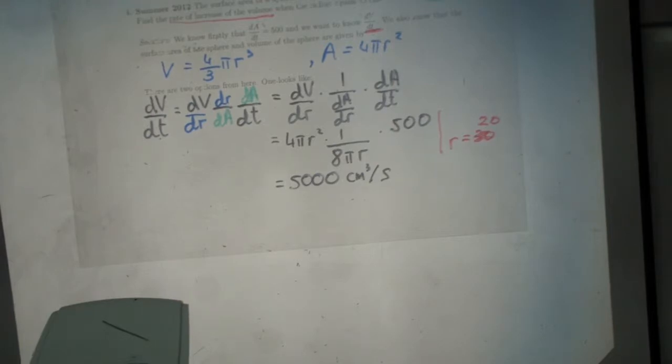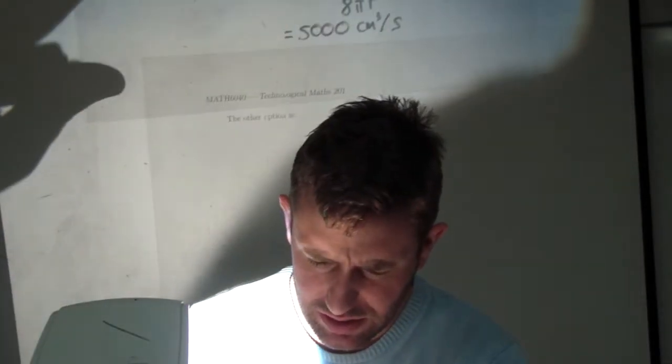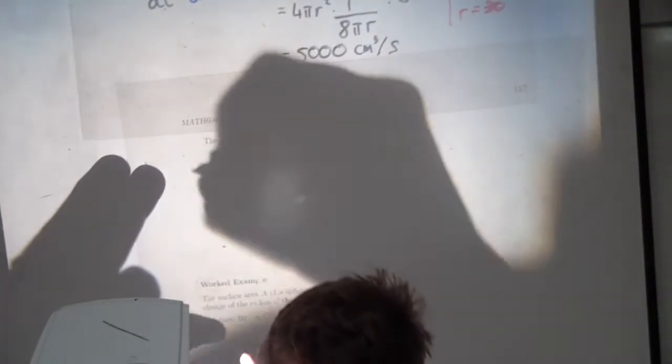Did we have to use the area though? Could we just skip the area altogether and just use the volume, the time, and the radius as the three variables? No, because, well, I'll write down the start of the other approach. So I'd say volume, radius, time. So you get dV/dt. The other option, by the way, is two formulas.